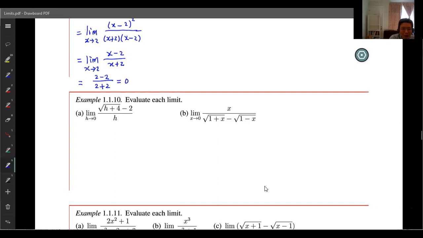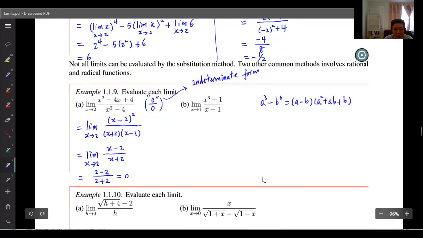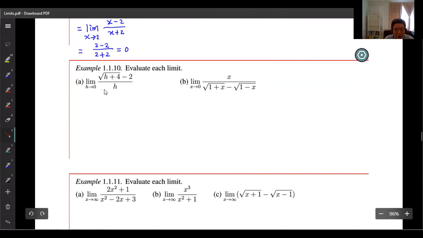For radicals, this one. You can see this kind of quotient very often. Later you will see why you see this often. Here we have a quotient: denominator is x minus a, top is x cubed minus a. Here we have a similar quotient.